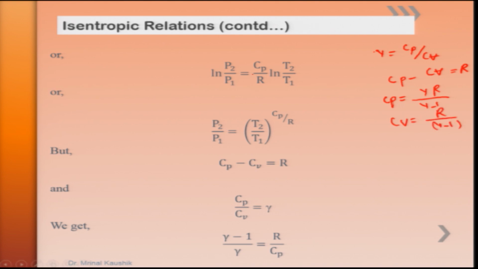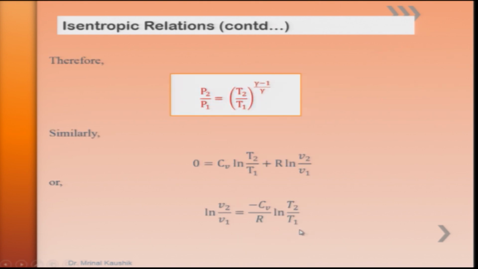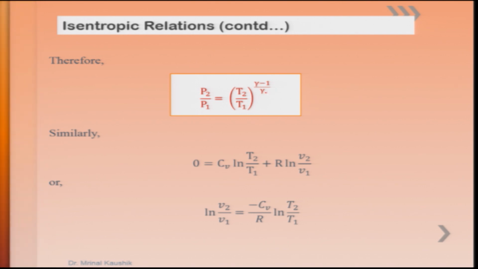Using this, P2 by P1 can be written as T2 by T1 to the power Cp by R, and hence we can finally write the P2 by P1 and T2 by T1 expression with the power gamma upon gamma minus 1.